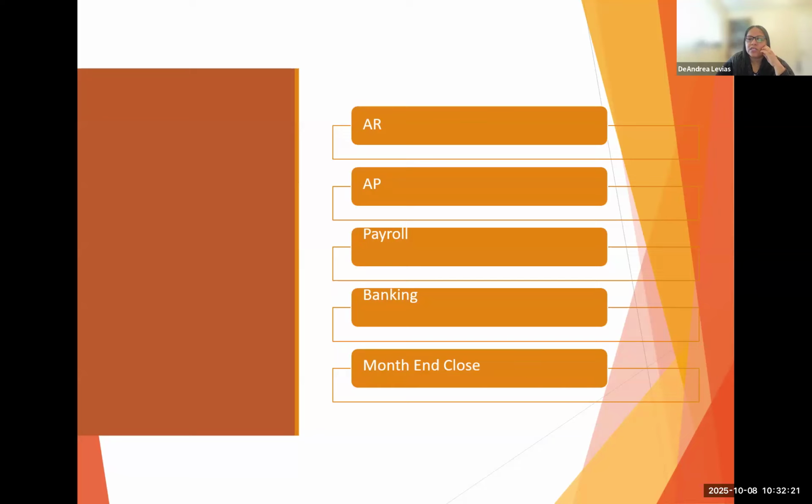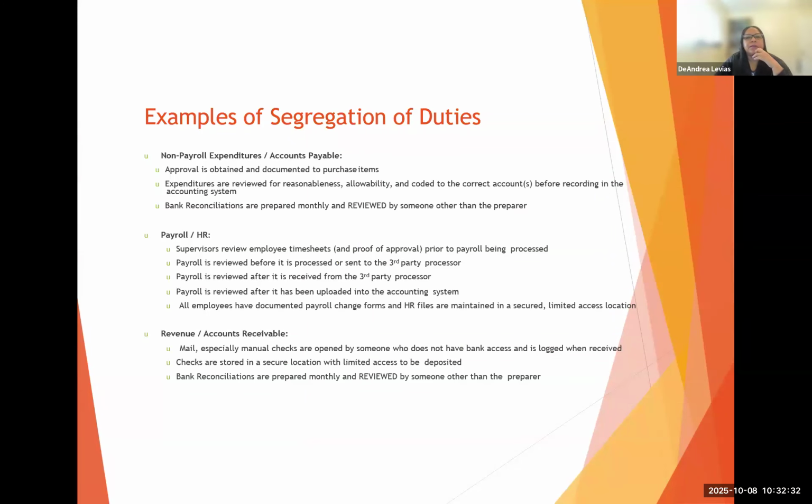These are all, again, standard GAAP requirements, generally accepted requirements that you want to make sure that your organization is following and adhering to. Kind of already went through most of this. So again, payroll, there's some type of approval for the item that's being purchased.